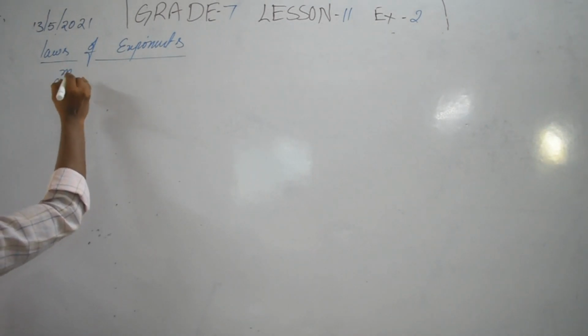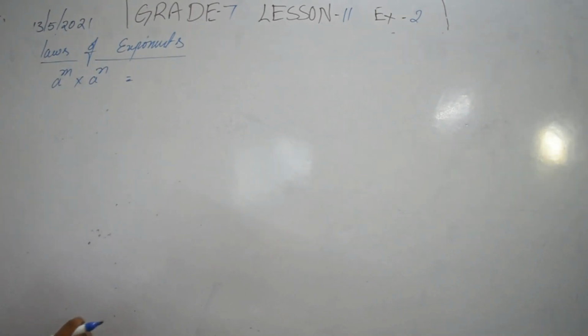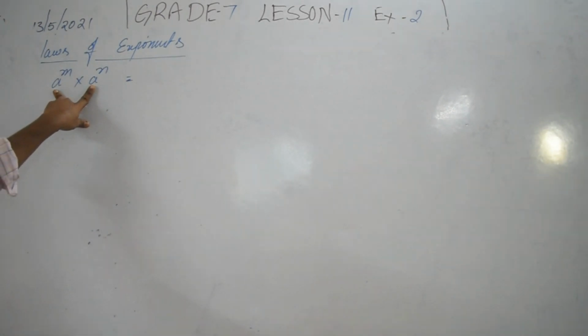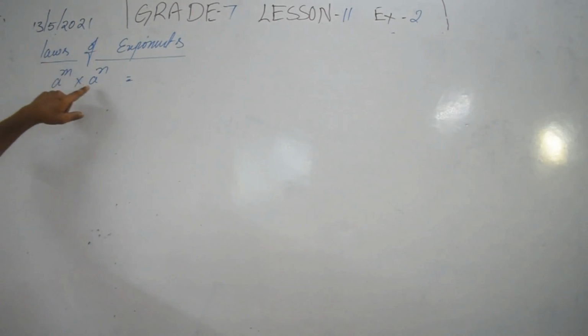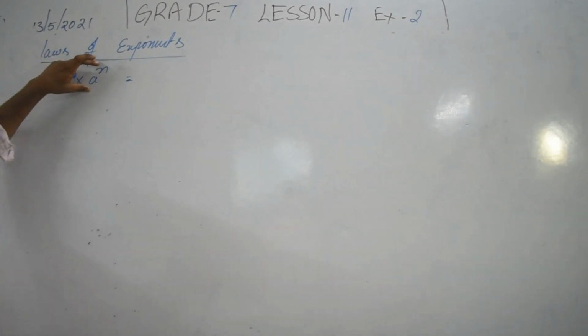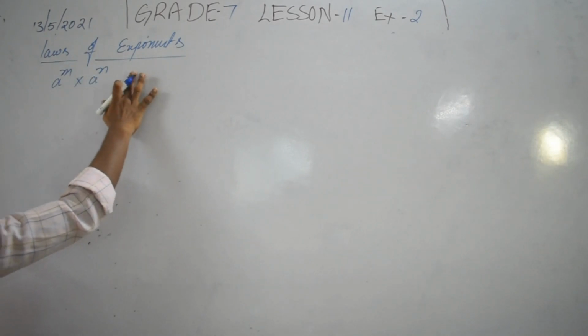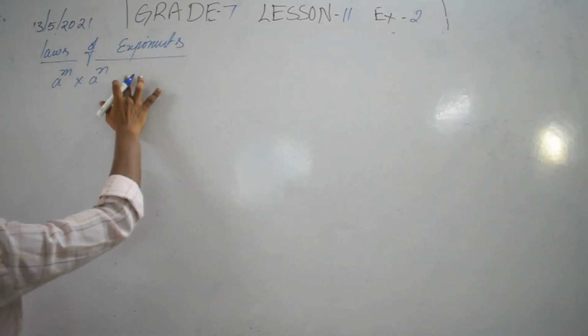a power m cross a power n. Here see, the bases are equal. Here a power m has one base, and a power n is another exponential form. When the bases are equal, the powers are added.